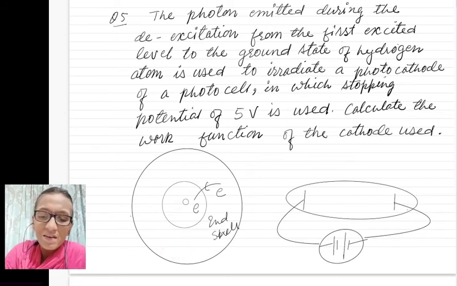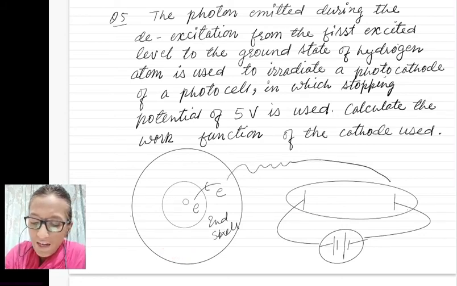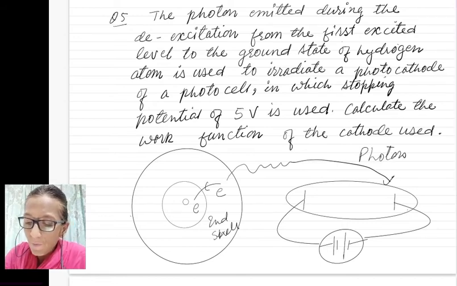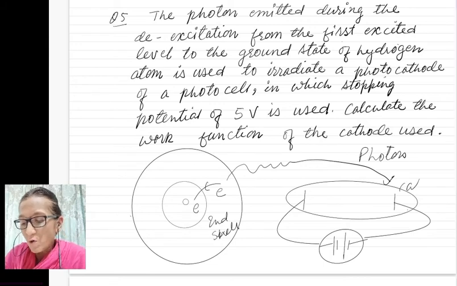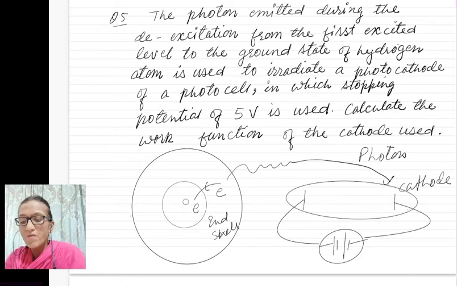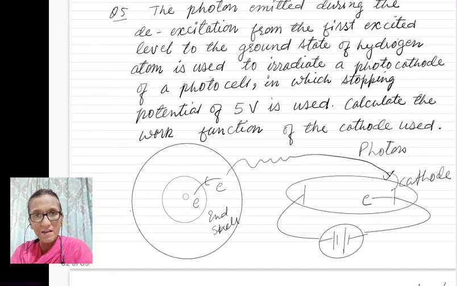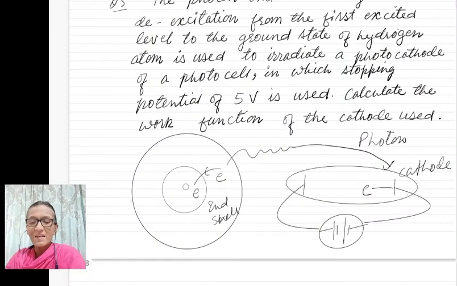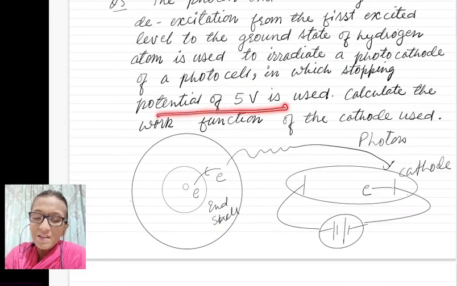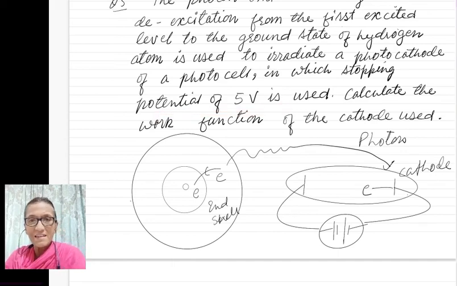So when a photon is emitted, it is made to fall on a cathode. And when a photon falls on a cathode, then it emits an electron. Calculate the work function of the cathode used. So you have to find the work function. Now, what is stopping potential?